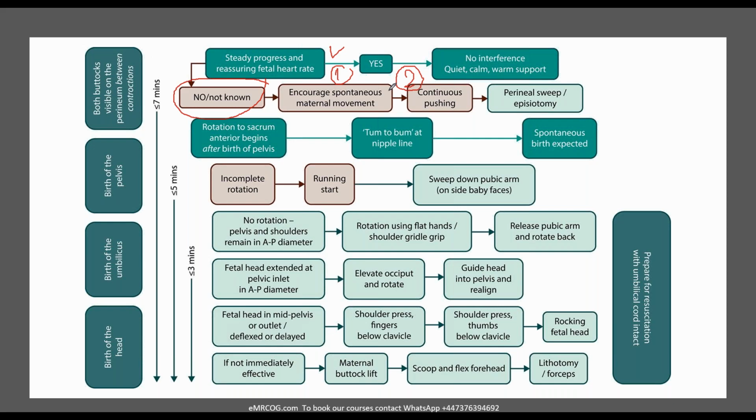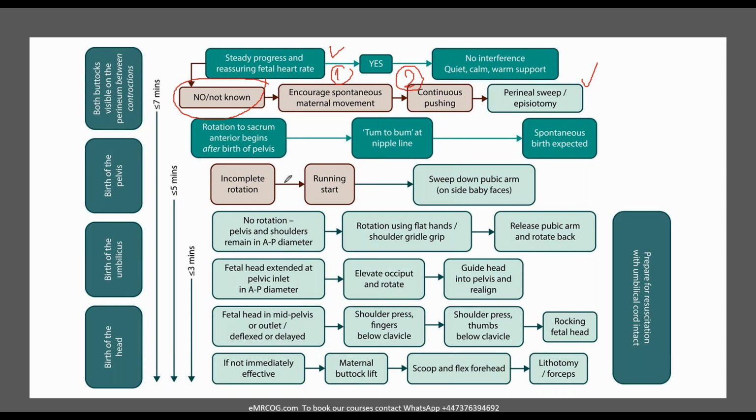So if everything is okay until this stage and we have improvement in the progress of labor, then perineal sweep and/or episiotomy to help with the delivery. Is it clear so far, guys?